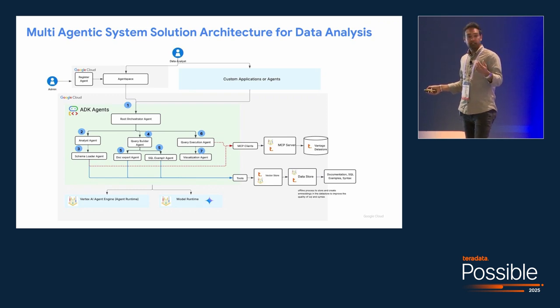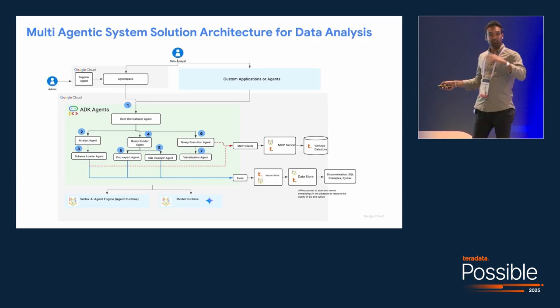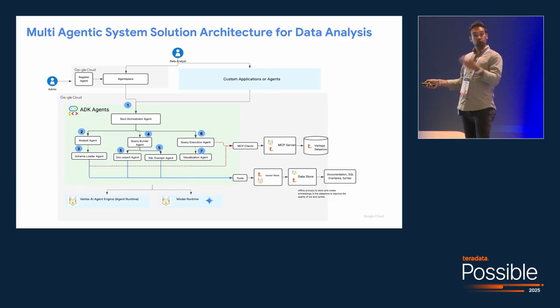And then it's going to go back and execute this query using the MCP servers against the Vantage data store. So it's a simple architecture that we have come up with, but as you move to production, you might have a few more components.